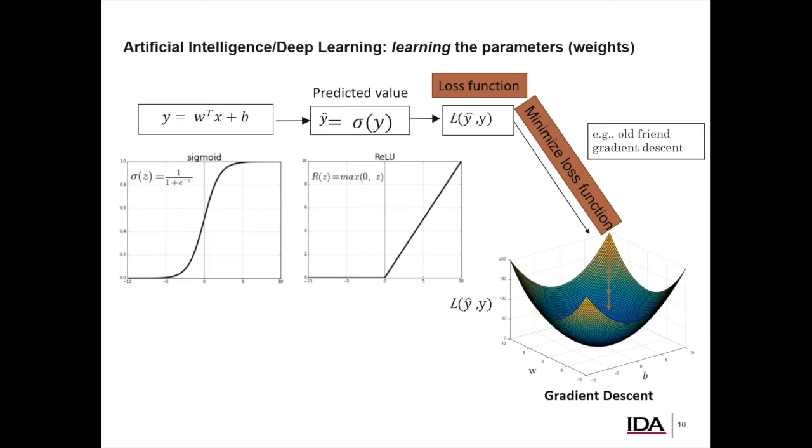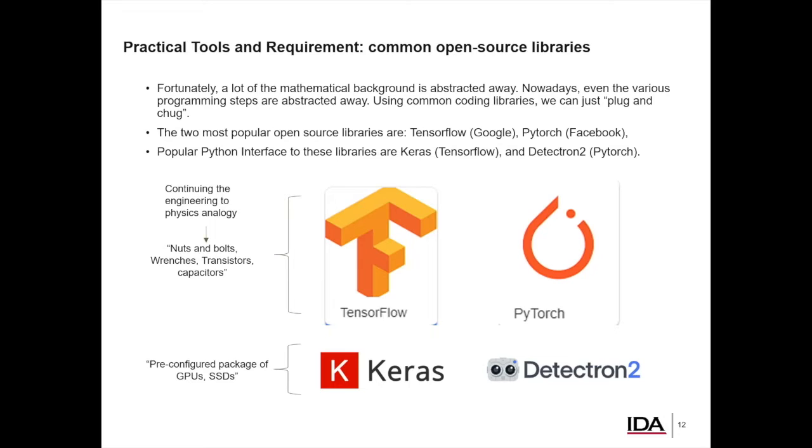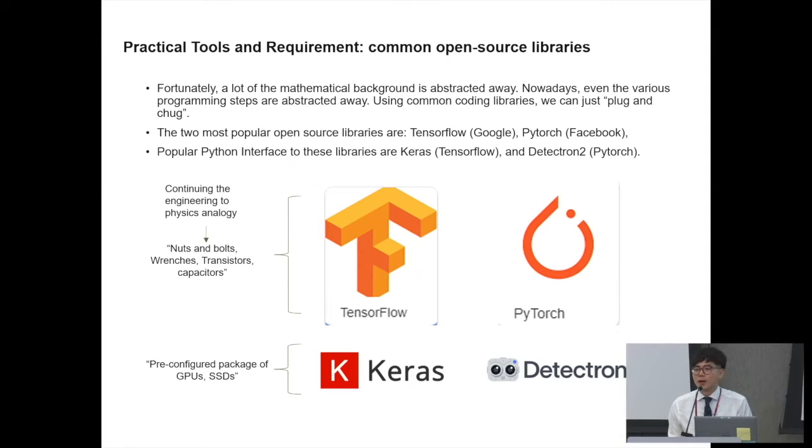So I hope I gave you some conceptual understanding based on some math here. Fortunately, nowadays all this mathematical background and even some programming steps are abstracted away, and using these common libraries listed here, you can essentially, quote unquote, plug and chug. Continuing these analogies of engineering to physics, one does not need to use electrons and protons to build nuts and bolts, use those to build capacitors, and eventually build a computer.